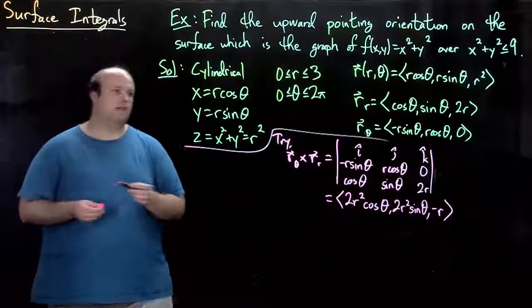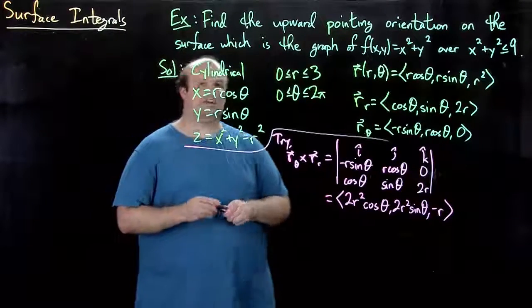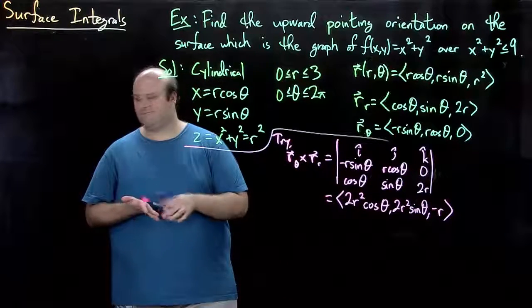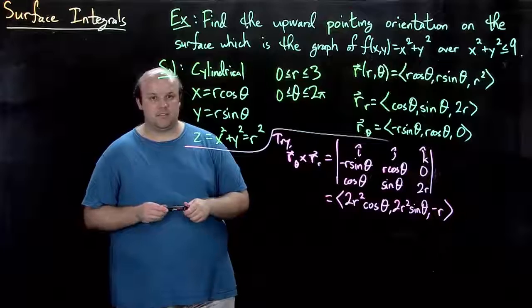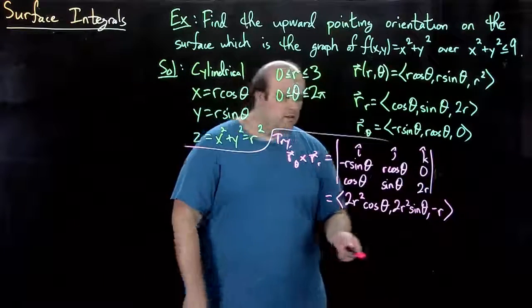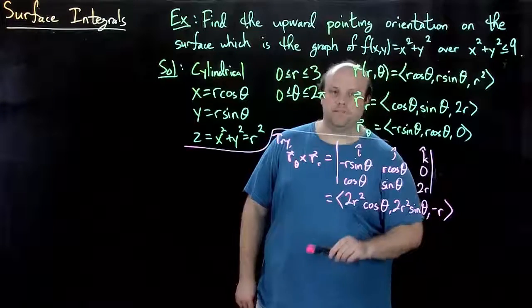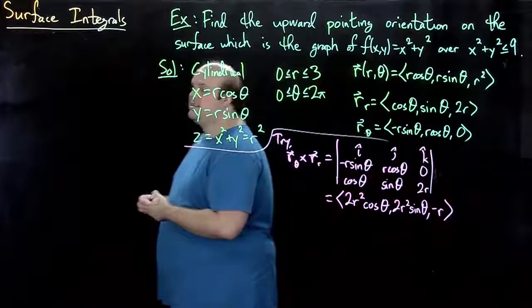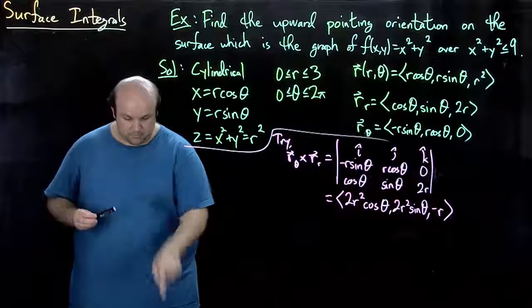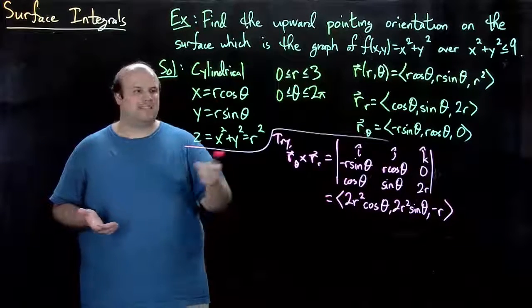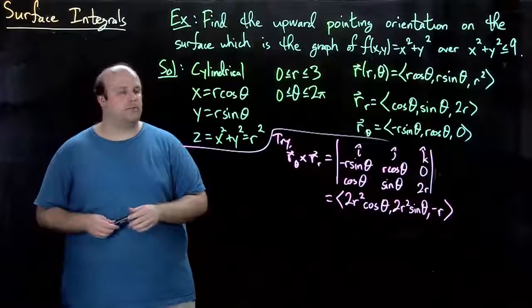All right. So we have to ask now, is that the upward pointing one? Well, there's 2 ways you can see this. Notice here the k component, which is in the z direction, is negative. So that means the z component is always pointing downward, and so that's the downward pointing one.